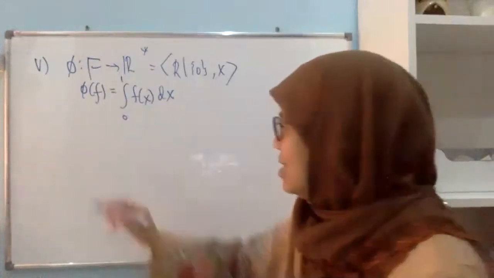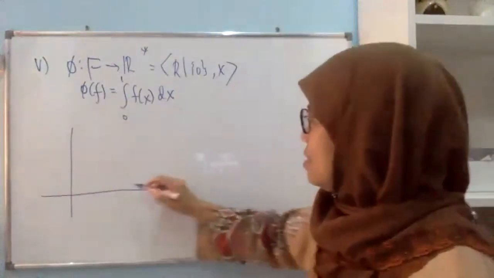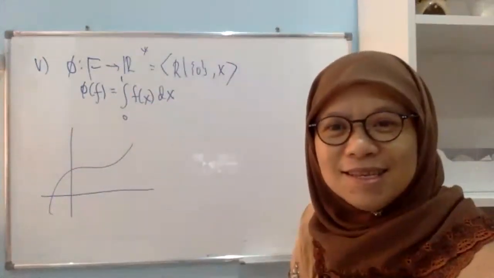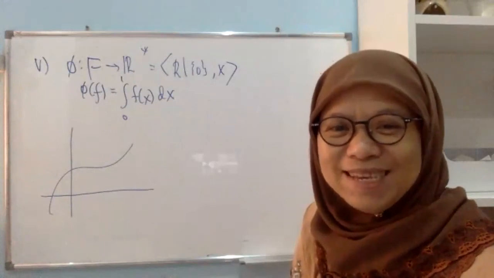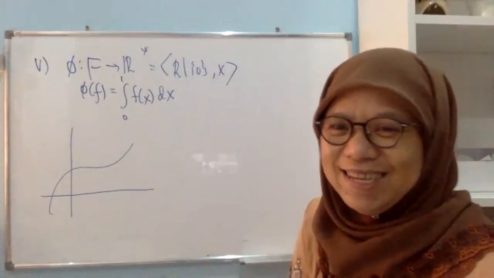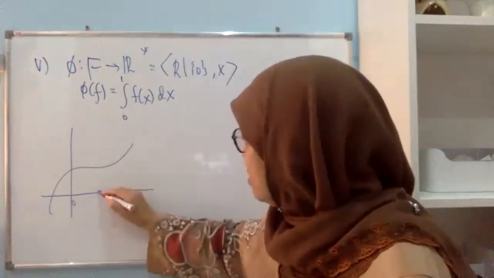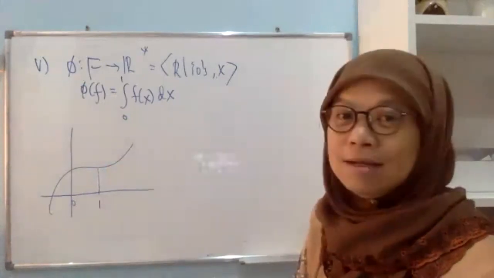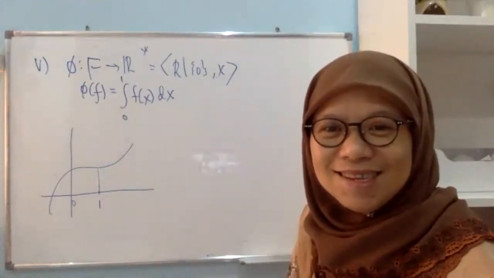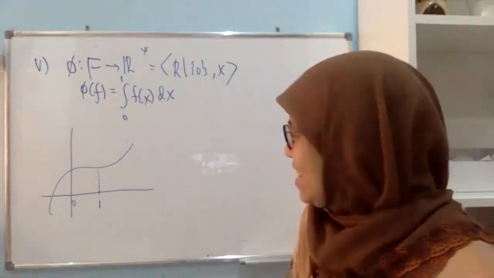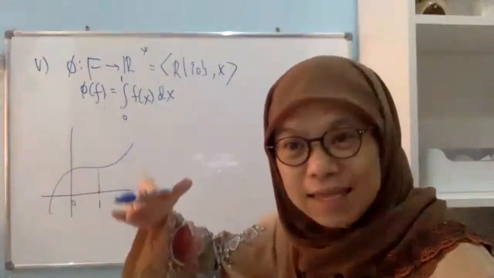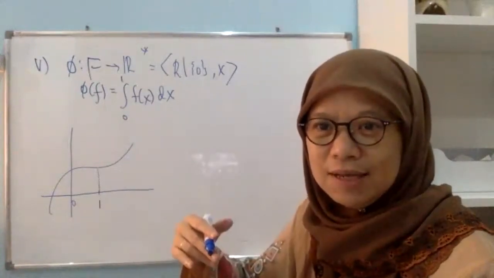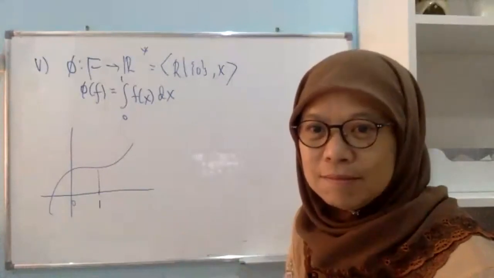If you draw f(x), what does it mean? Area between 0 and 1. The area underneath the curve with the x-axis, between 0 and 1.